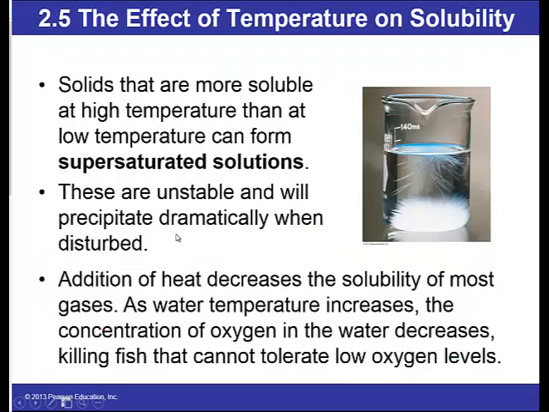And so these supersaturated solutions are going to be very unstable, and they can have dramatic precipitation reactions that can occur if they're disturbed. So even just shaking them sometimes can cause the supersaturated component to fall out of solution very quickly. So our supersaturated solutions are going to be unstable.